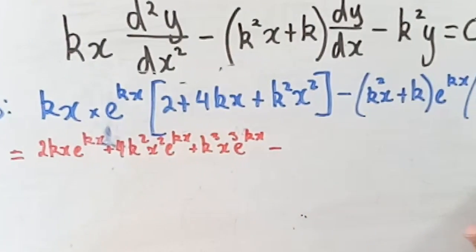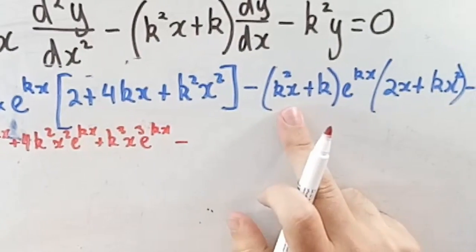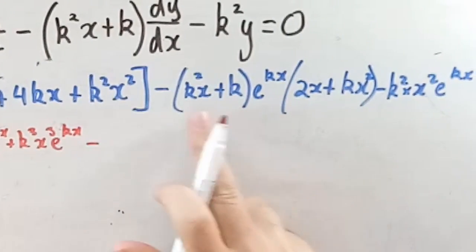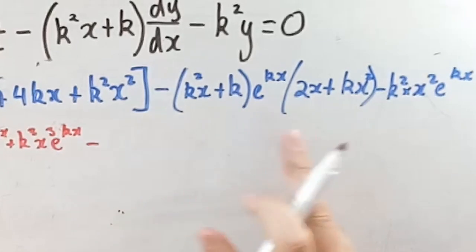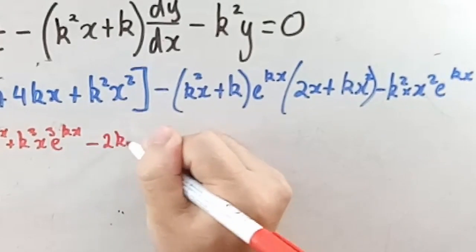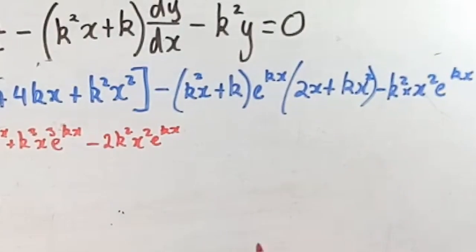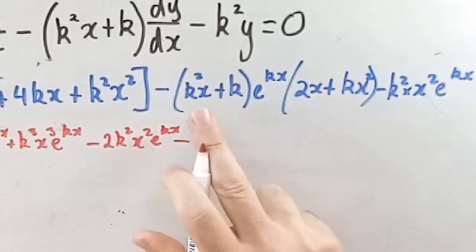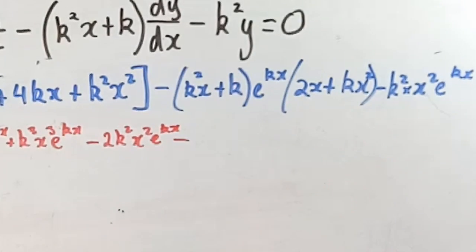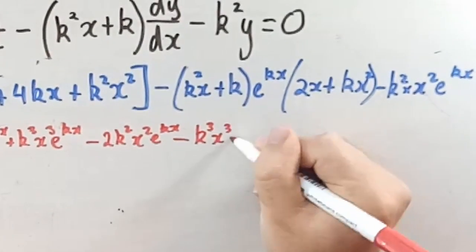Now all the remaining terms are going to be minus because of the minus out the front. So minus 2x squared k squared, minus 2k squared x squared e to the kx, minus, that's this one multiplied by the last one, k cubed x cubed e to the kx.